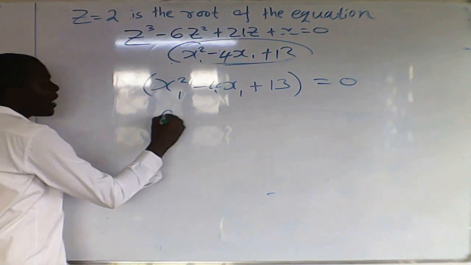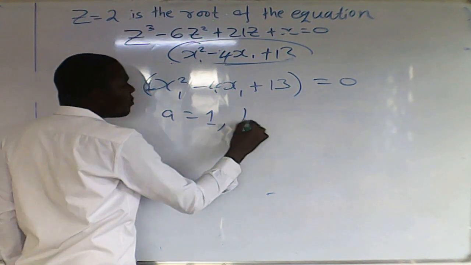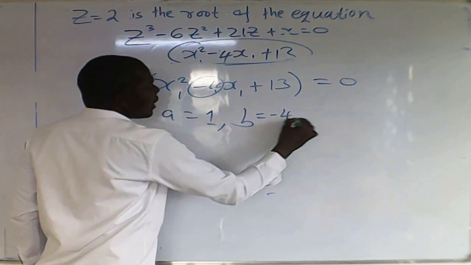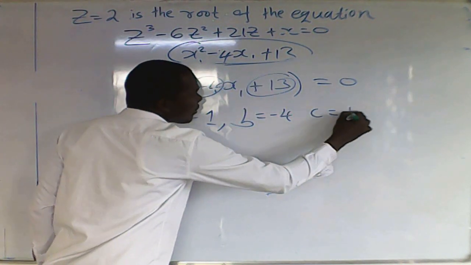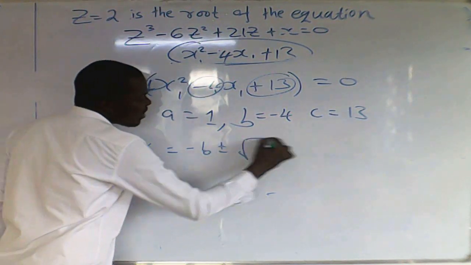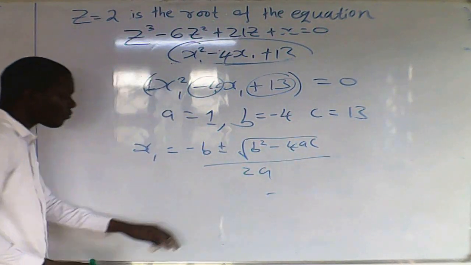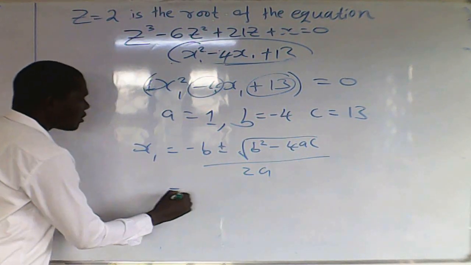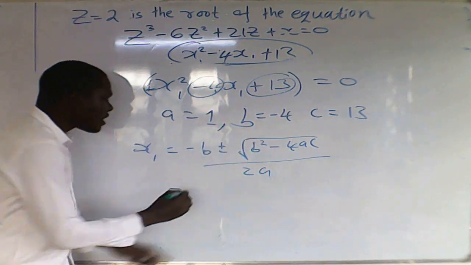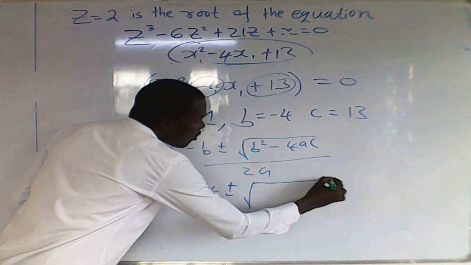Quadratic formula, what is your A? Your A is the coefficient of x1 squared, your B is negative 4, and your C is positive 13. So x1 is supposed to be minus B plus or minus square root of B squared minus 4AC, over 2A. Minus B, minus negative 4, is 4, plus or minus square root of B squared.